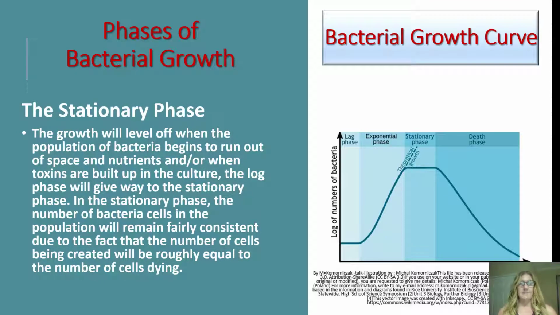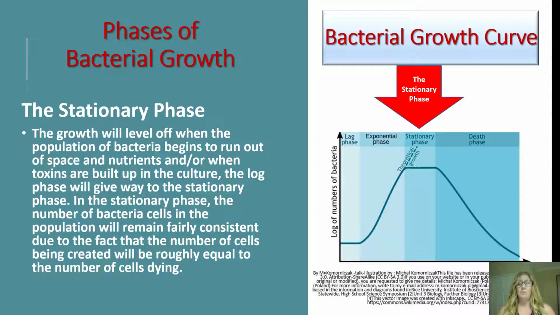The stationary phase of the growth curve is a time in which the exponential phase or log phase basically levels off. What's happening here is we're beginning to see evidence that space is running out, nutrients might be running out. Also, toxins can be building up in the culture that we're housing these organisms in.